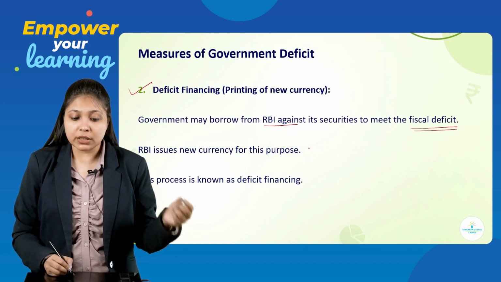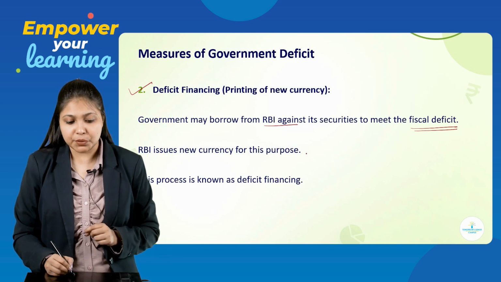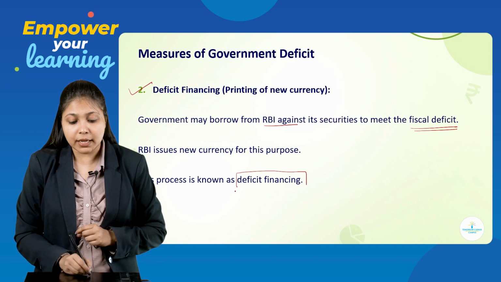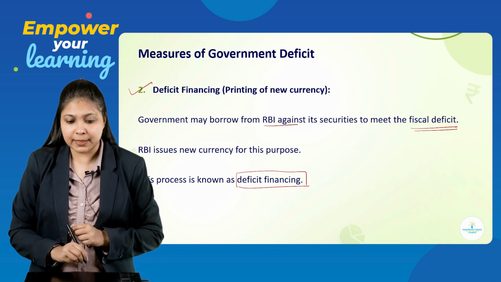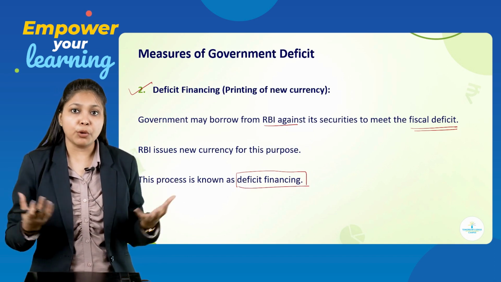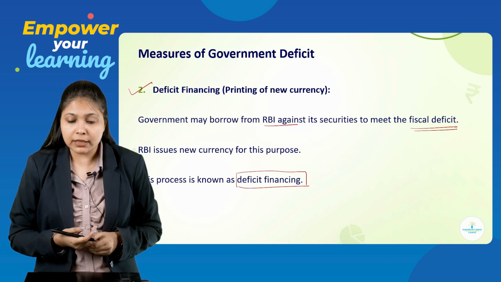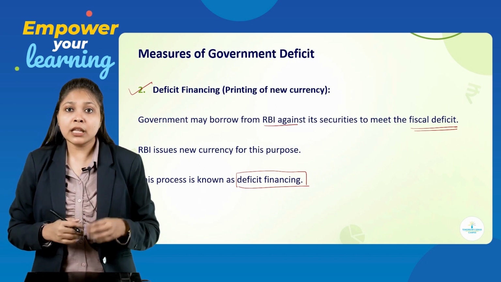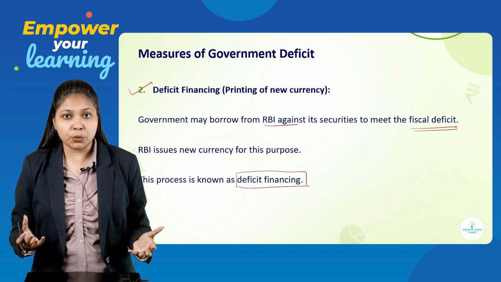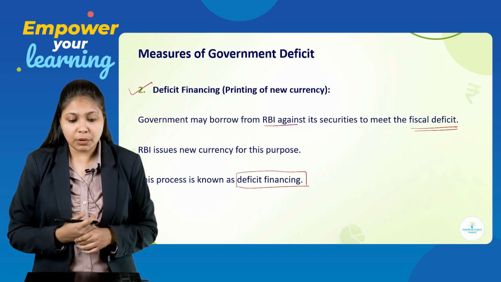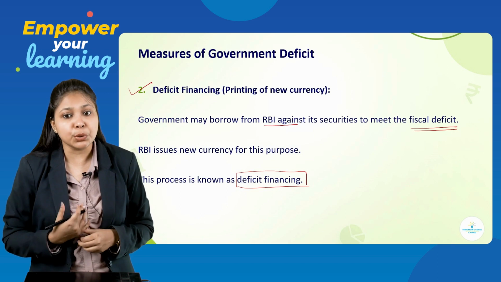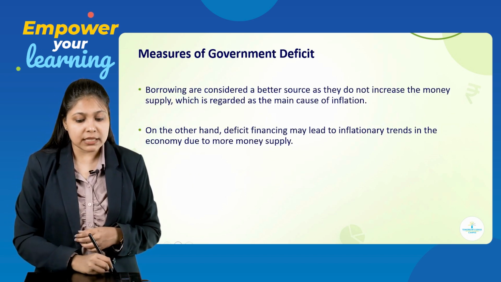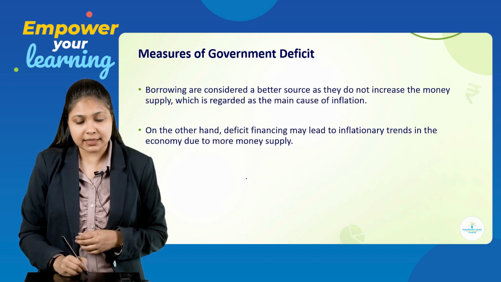RBI issues new currency for this purpose, and this is known as deficit financing. It is possible that the government can borrow from RBI, the central bank of the country. To provide money to the government, RBI will have to issue new currency, and the process of issuing this new currency is called deficit financing.